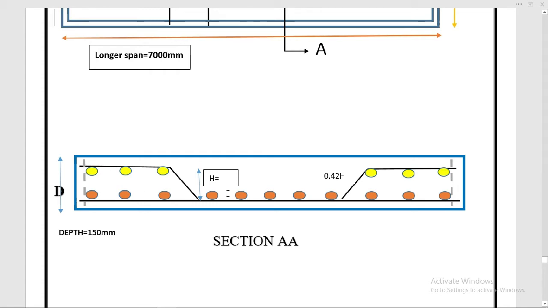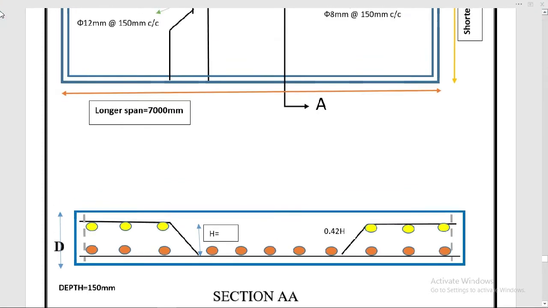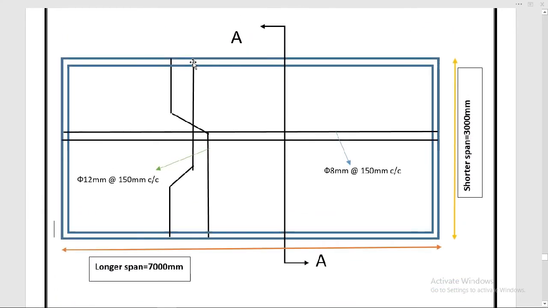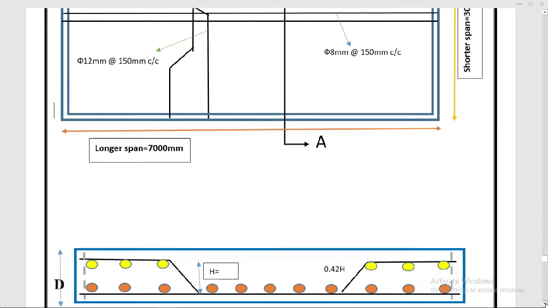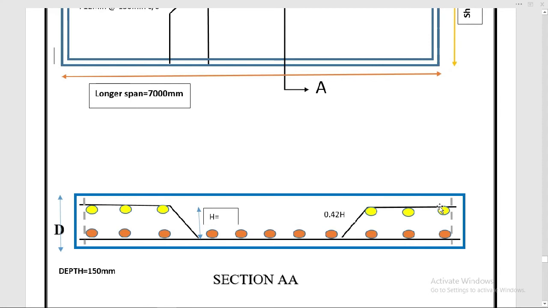I want to show you that this bar is bending from just one side, and the other bar is bending from this side at 45 degree angle but straight on the other side. So here you can see this is one bar bending from here at 45 degree angle, then it is going straight here. Then the other bar is bending from here at 45 degree angle, then it goes straight towards here.